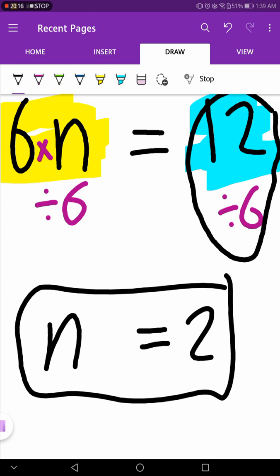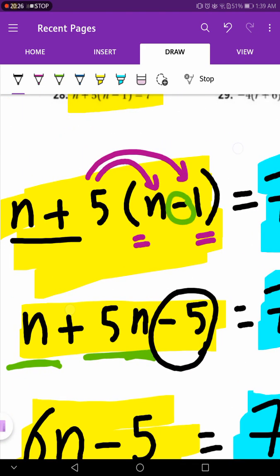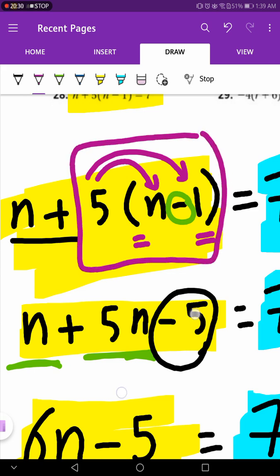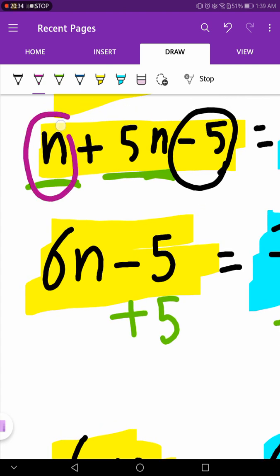Now in this example you need to do two works. The first work, you break the parentheses. After you break the parentheses, you combine the like terms. You need the skill that you learned in the first part of this lesson.